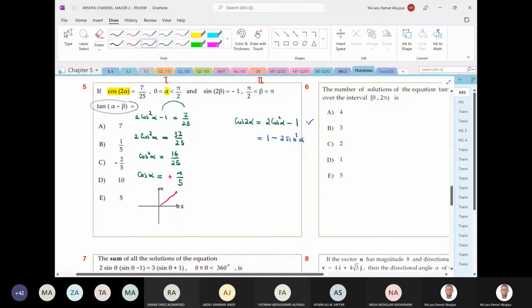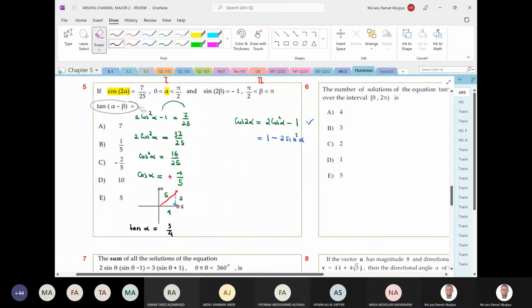So what do we have? We say the adjacent is equal to 4, the hypotenuse is equal to 5, and the opposite, if we use Pythagoras, is going to be equal to 3. So you will agree with me that the tangent now of alpha is going to be equal to opposite, that is going to be 3 over 4. That is tangent of alpha.